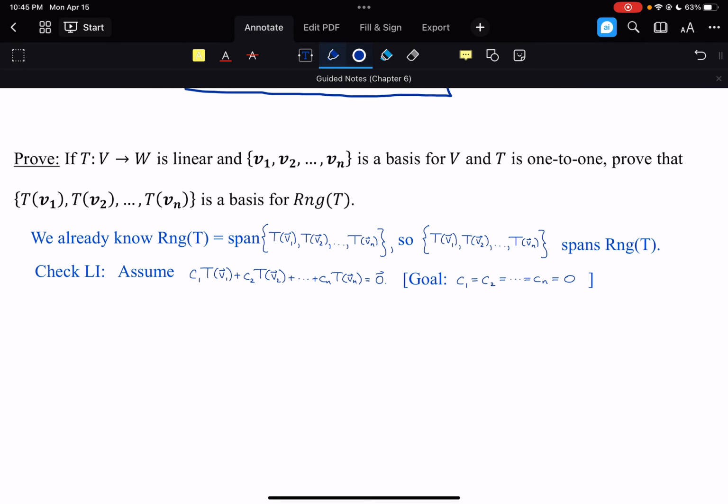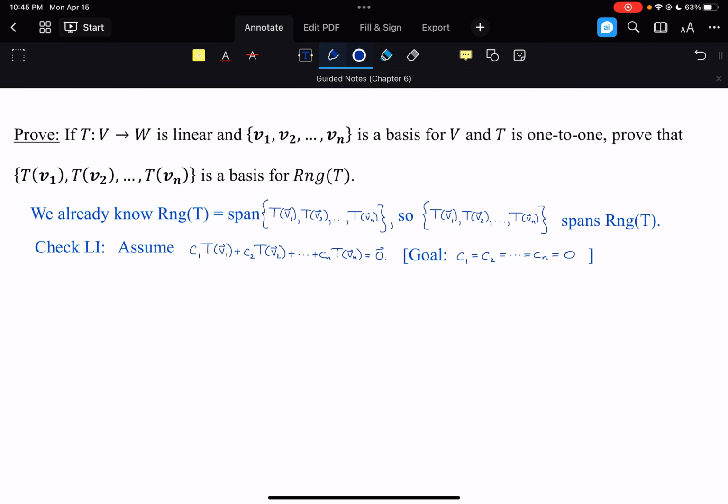If we have a transformation T from V to W, and this transformation is linear, and v1 through vn is a basis for V, and T is 1-to-1, prove that the set of transformed basis vectors is a basis for the range of T. So again, if we have a linear transformation and v1 through vn form a basis, the transformed basis will form a basis for the range if T is 1-to-1. So we're going to prove that.